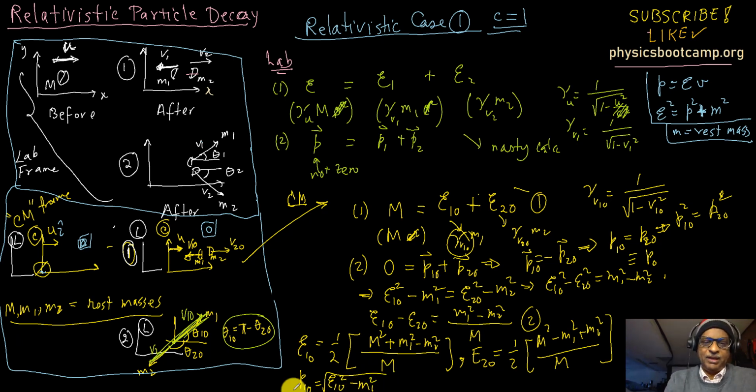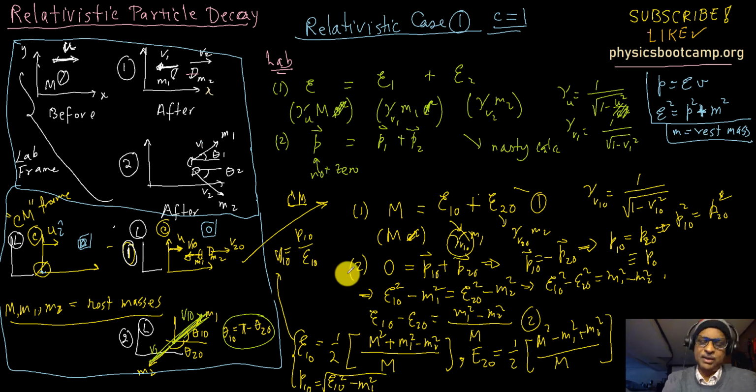And if we take a ratio of these two guys, from there I can get V10, which is just going to be P10 over E10, right? P10 over E10.